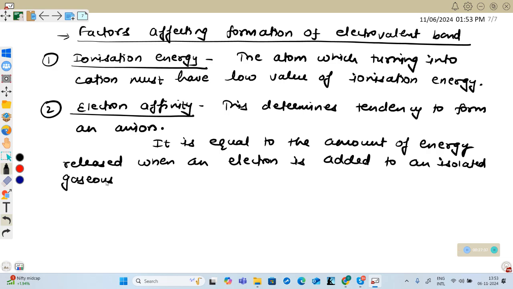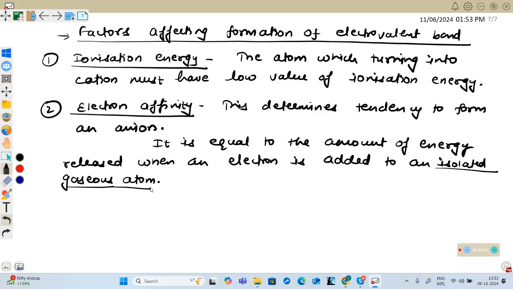Isolated gaseous atom means the electron is not experiencing any other force other than the atom itself. So that's why we are taking an isolated gaseous atom. In order to calculate the absolute value of electron affinity for a given atom, the atom has to be isolated. It should not experience any other repulsive or attractive force.